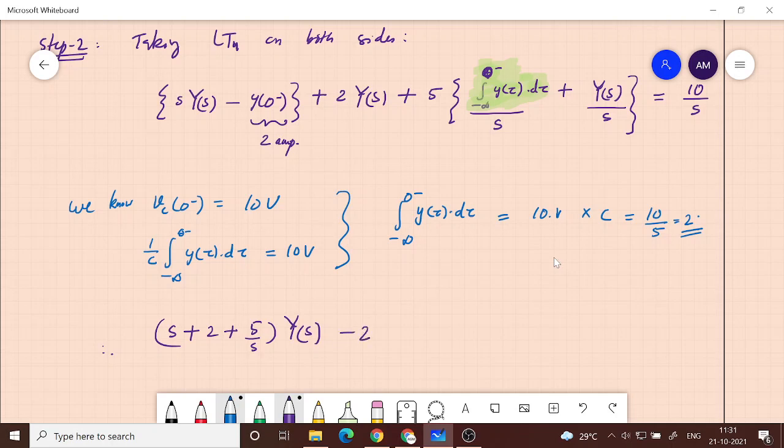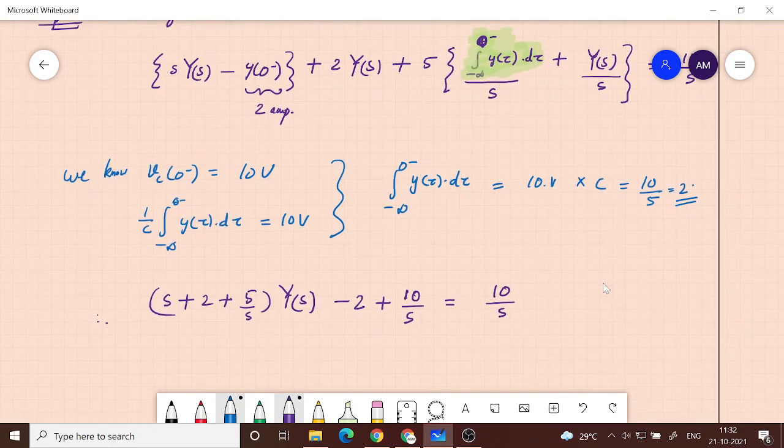This is minus 2, and here we have 5 into this one, which is 2, so that is again 10, minus or plus 10 by S. Is that clear? 5 into 2, that is 10, 10 by S, and this term I already took. All the terms on the left hand side are done, and that is 10 by S.